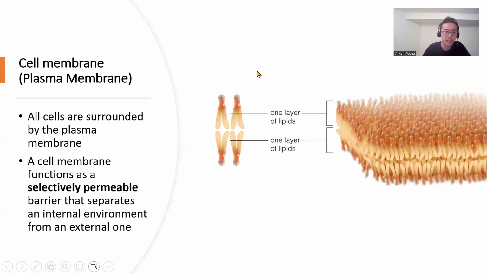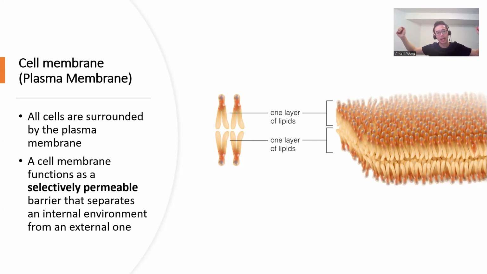Let's take a look at the cell membrane. I'm just going to give you a very brief description of the cell membrane. Lecture 4 is all about the cell membrane, and by then we will learn a lot more details about it. But for now, the cell membrane is the barrier that separates the inside of the cell from the outside of the cell.